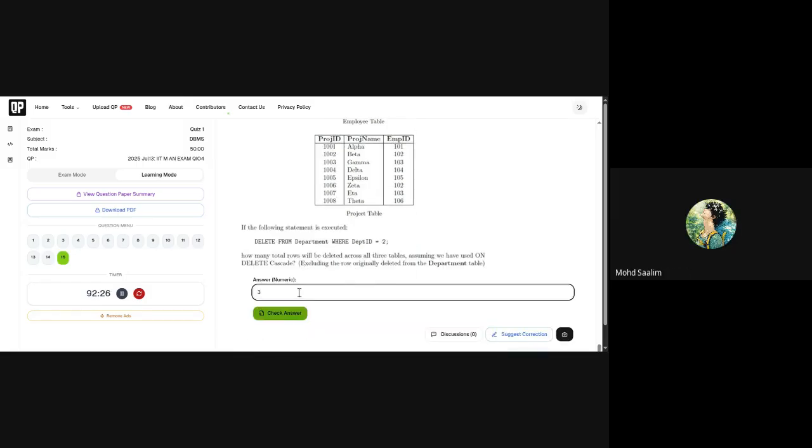So we should also consider the cascading here. Correct. So 3 rows deleted here. Now 102, 103, and 105, right? 102 is here, 103 is here, 105 is here, 102 is here, 103 is here. So total 5 rows here, right? So 3 plus 5, which is 8.